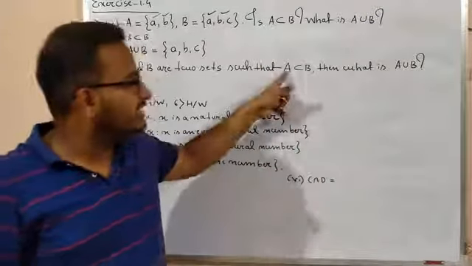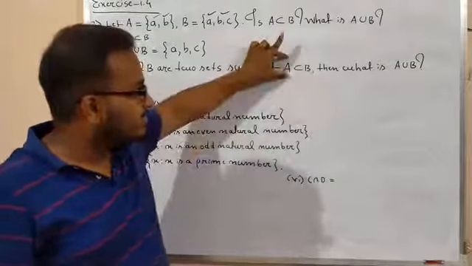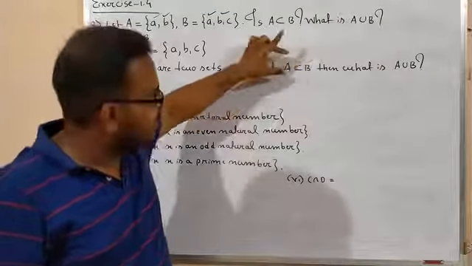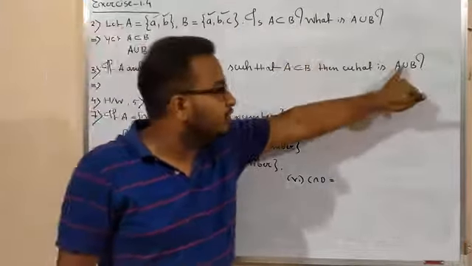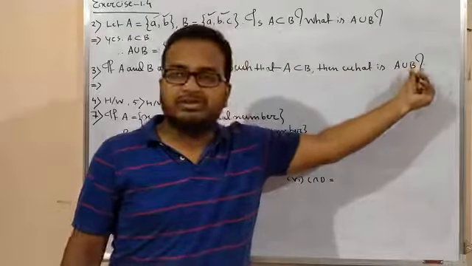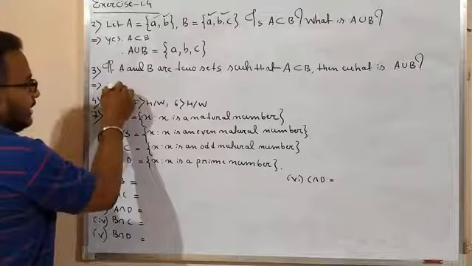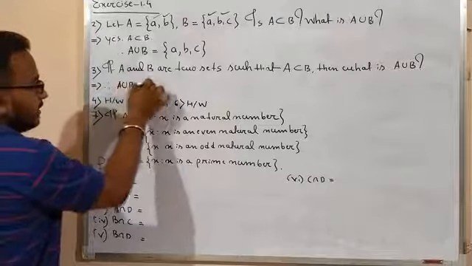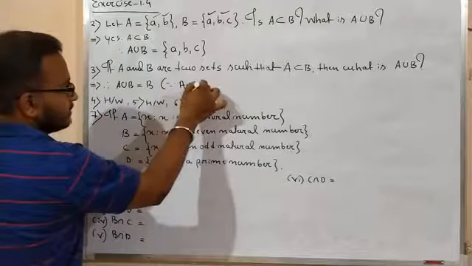If you treat A as your classroom and B as your college, the union of your classroom and your college will be your college. Therefore, A union B equals B, since A is a proper subset of B.